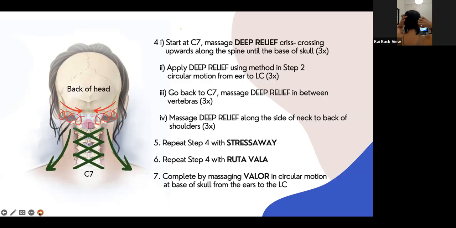Now that you have applied the oil, we're going to show you how to start. If you look at 4.1, you're doing crisscrossing upwards along the spine until the base of the skull. So remember C7?